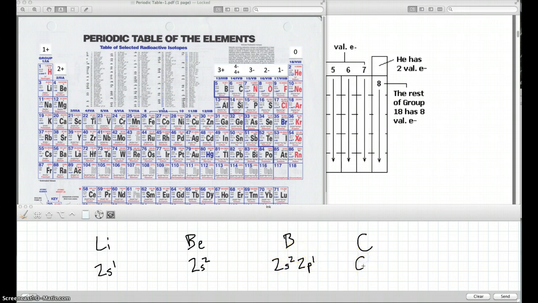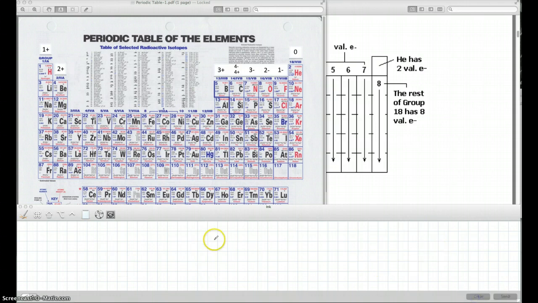Carbon would be 2s2, 2p2. So that's a total of 4. So you can see this pattern just continues. And if I look at lithium again, it's 2s1.